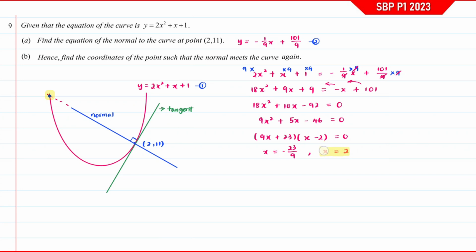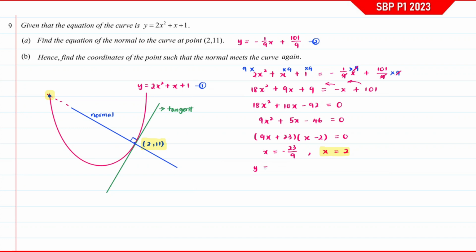So here the x equal to 2 refers to this coordinate. So the x coordinate for the other point will be x equal to -23/9. To find its y coordinate, we're going to substitute x equal to -23/9 into equation number 2.